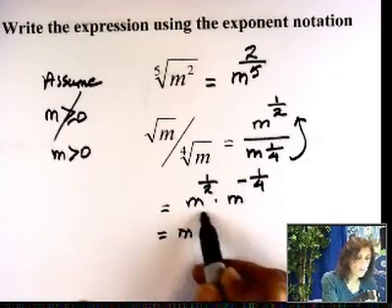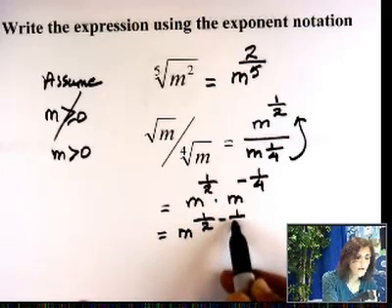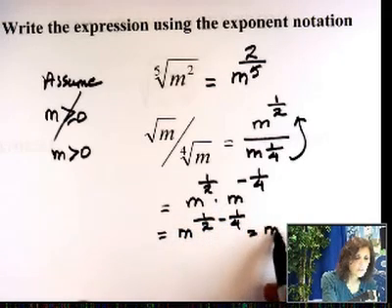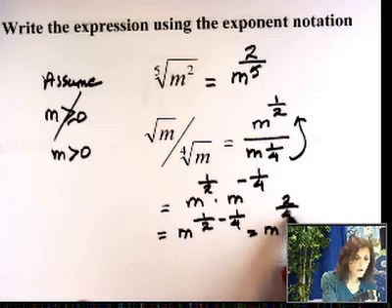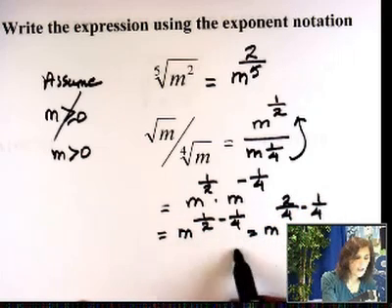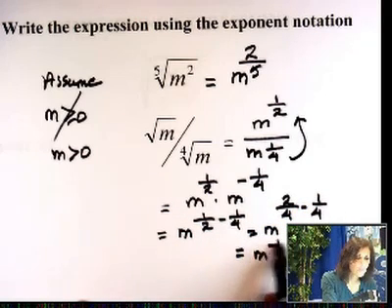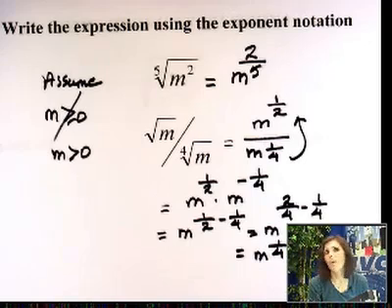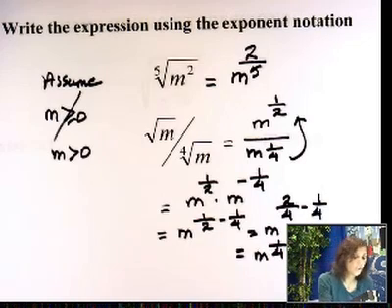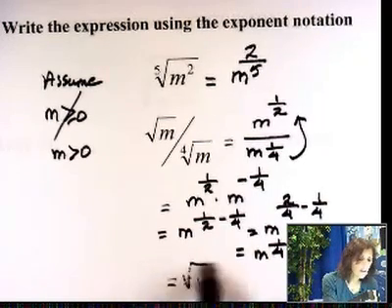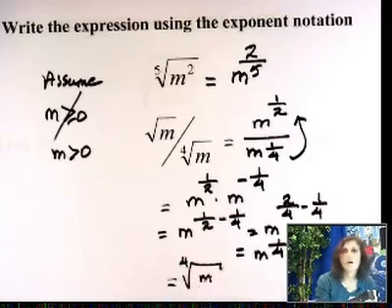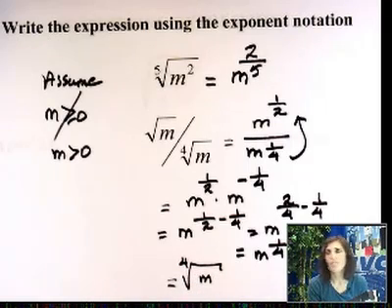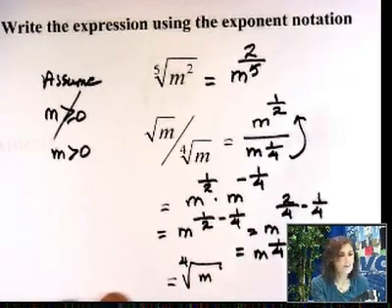M, 1/2 minus 1/4. Do the same denominator deal. This is 2 over 4 minus 1 over 4. And that gives me m to the 1 over 4. Can you go back to the radical notation? If I'm asked, why not? Alright? So be familiar with using either notations.